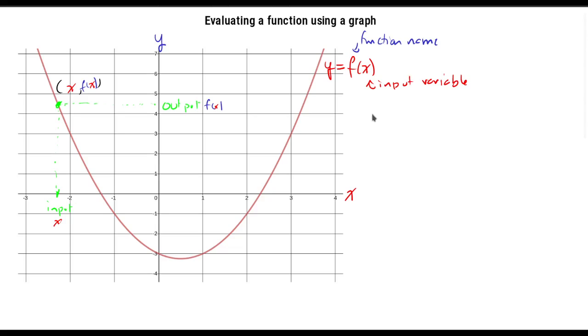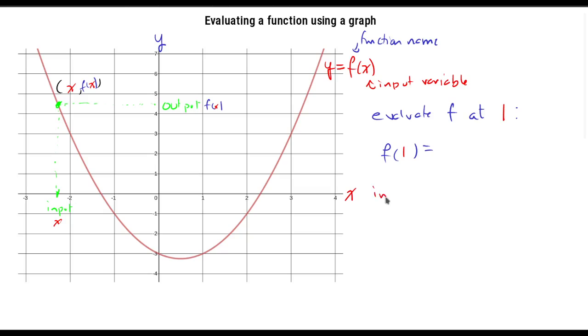So let's use this graph to evaluate f at the input. Let's go with 1 first. So let's find f of 1. How we do this is we look for the x value 1. The input is on the x-axis, right?